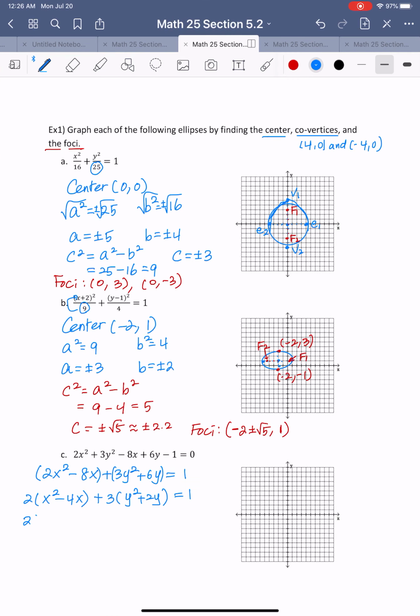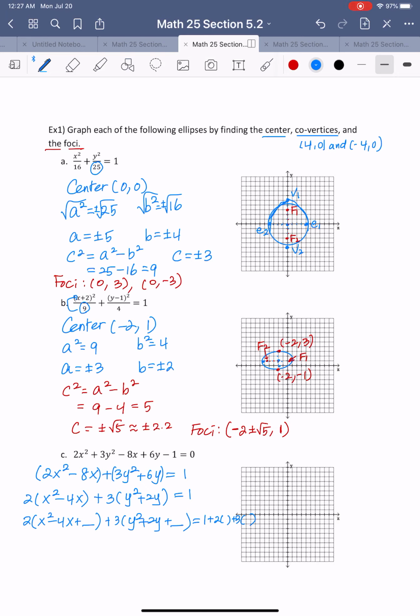Now I have 2 times (x squared minus 4x) plus a number, and 3 times (y squared plus 2y) plus a number. And I have to add the numbers on the other side too, as 2 times and 3 times.